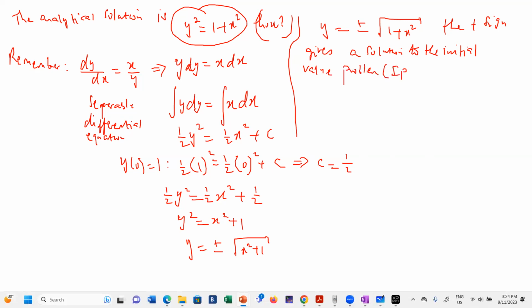This is normally called an initial value problem, IVP. And this happens with y(0) equals 1. That is the initial value. At x equal to 1, we take the positive, the plus sign. So you have plus the square root of 1 plus 1 squared.